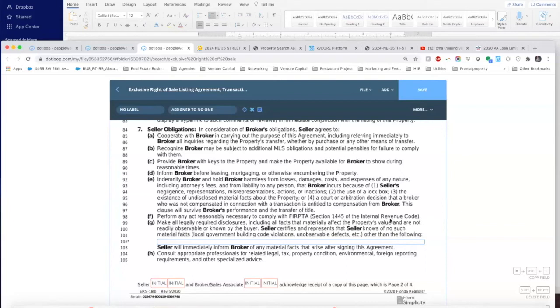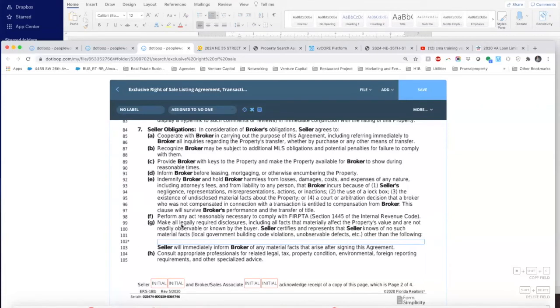So you need to ask your seller, are they US residents? Are they US citizens or green card holders, or do they live here on the premises? If they're not, if they live overseas, this FIRPTA Act will be very important for them.